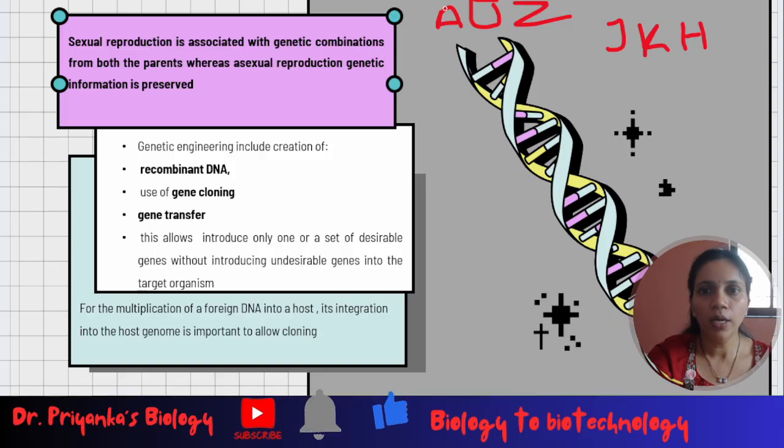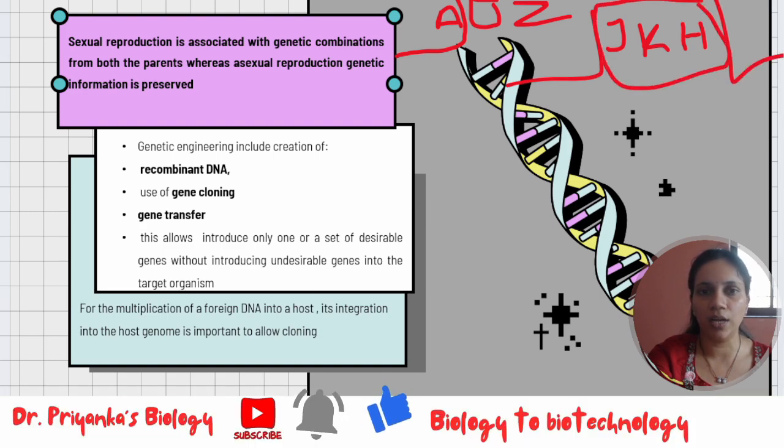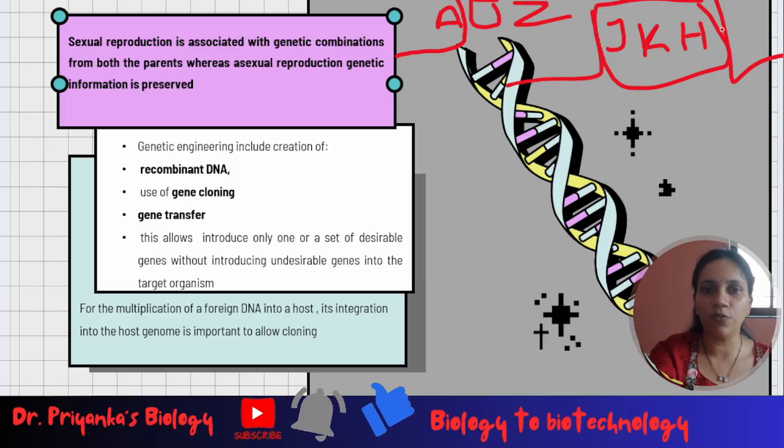We will have to cut and erase the alphabets before J and the alphabets after H, so that we are left only with this. So what are we doing? We are trying to make changes in the sequence of the alphabet.